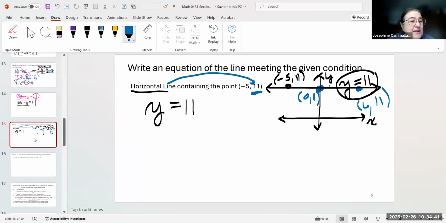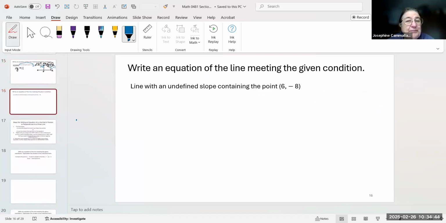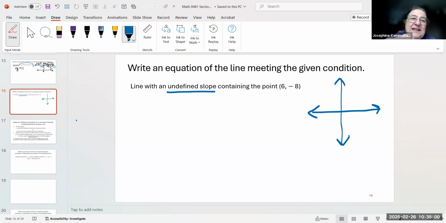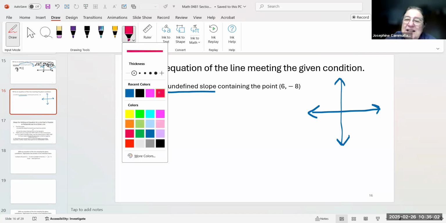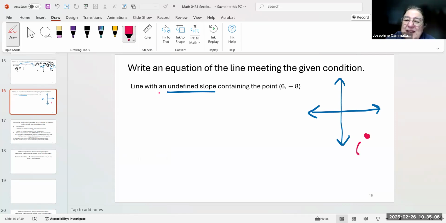Now, same thing is going to happen here. This is an undefined slope. Well, an undefined slope, and I'm going to give you a little catch. This is my point. 6, -8.